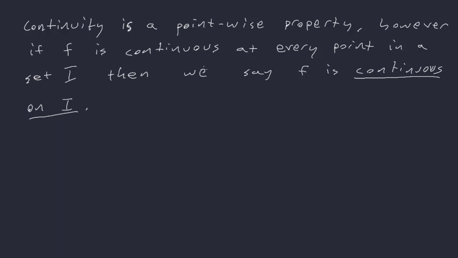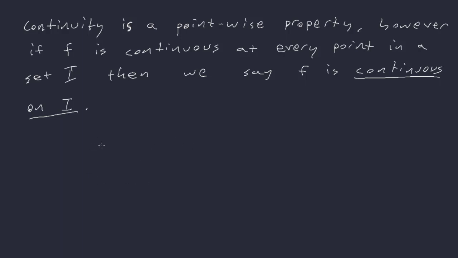That means it's a property of a function at a point. However, if f is continuous at every point in a set, say I, then we say that f is continuous on I. You might hear it continuous over I or continuous in I sometimes.